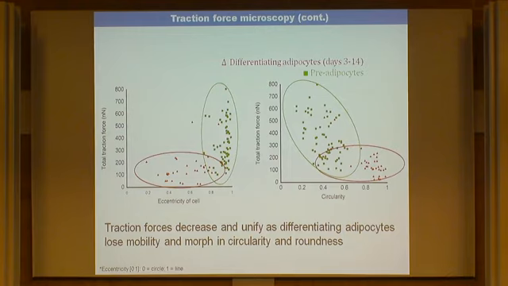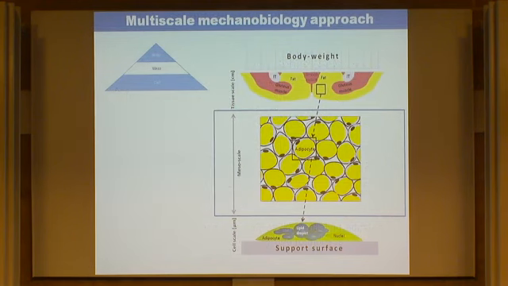And as these cells become more round, so they increase in circularity, like you see here, or decrease in eccentricity, these two things relate, of course, the forces are reducing. So there is kind of a relationship between the morphology and the force production.